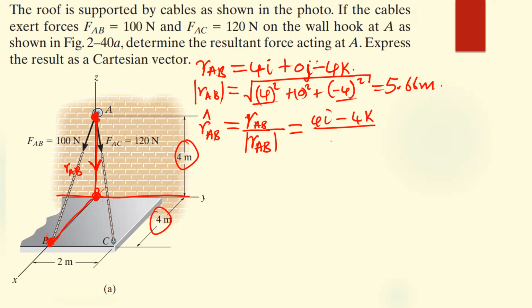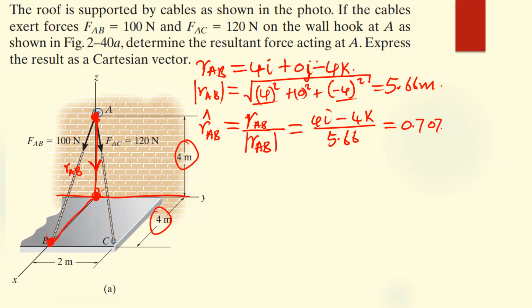When you divide everything by the magnitude, which is 5.66, we divide 4 by 5.66 and get 0.707. Oh, sorry, this is the unit vector we're finding.